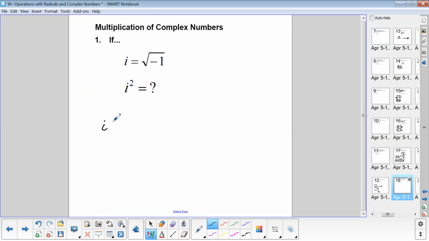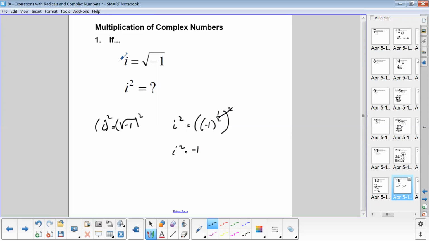So we've talked earlier that we knew that i would have to equal the square root of -1. So now we're asking, well, what would i squared be? Well, if you squared both sides, you would get i squared on the left, and on the right, the square root of -1, when you square both sides, there's your power rule, so you actually get i squared is equal to -1.